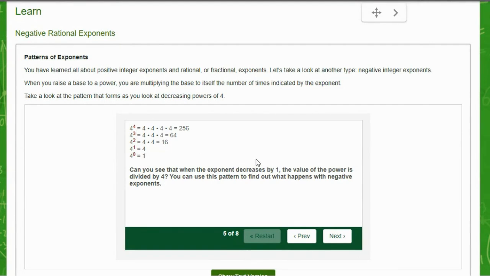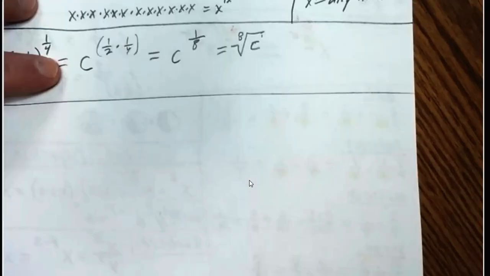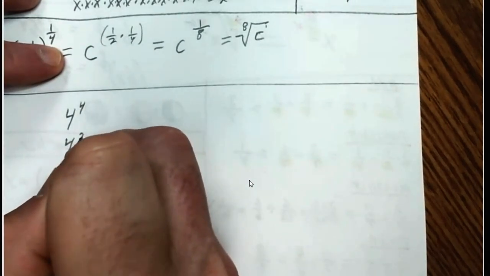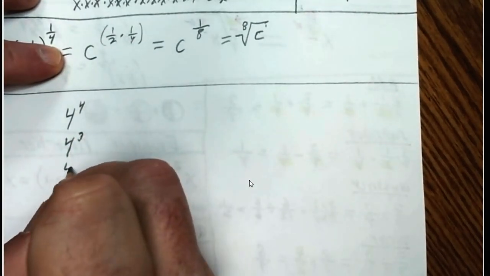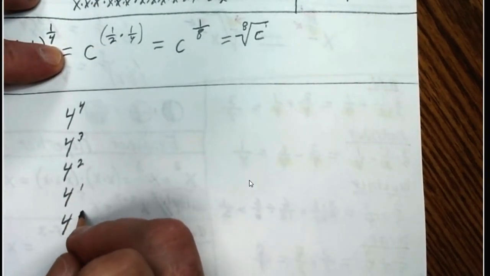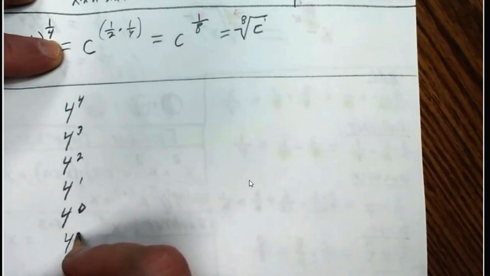So let's expand that a little bit on our own. So 4 to the 4th, 4 to the 3rd, 4 squared, 4 to the first, 4 to the 0 power. What about 4 to the negative 1 power, 4 to the negative 2 power, 4 to the negative 3 power?